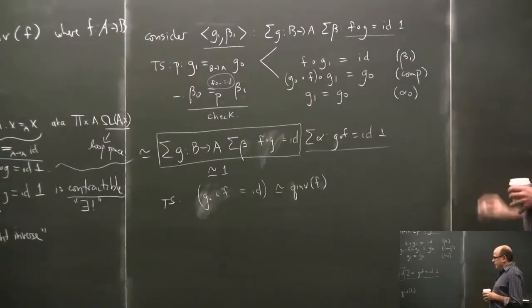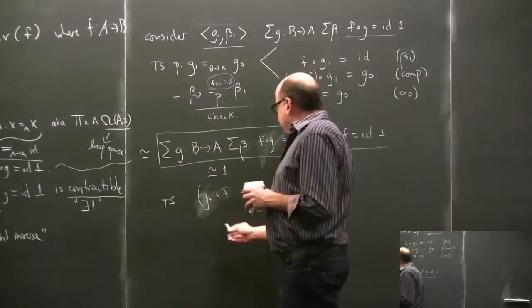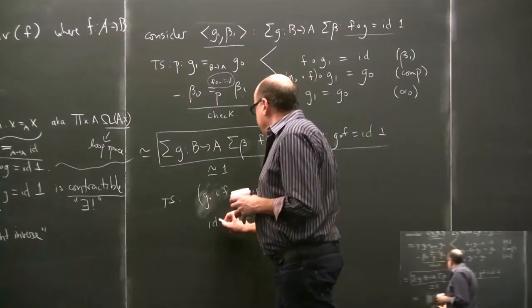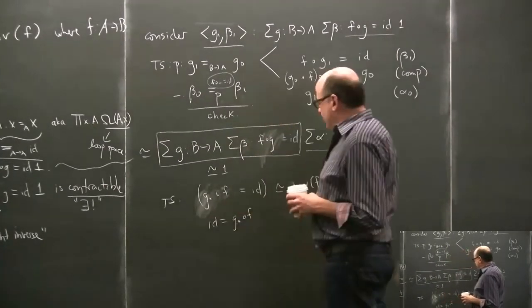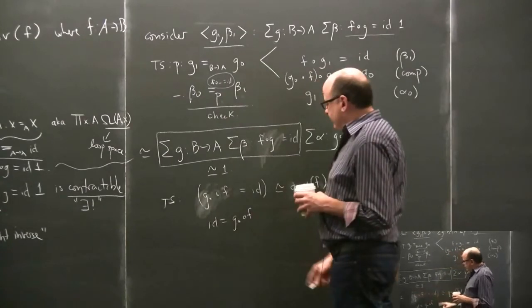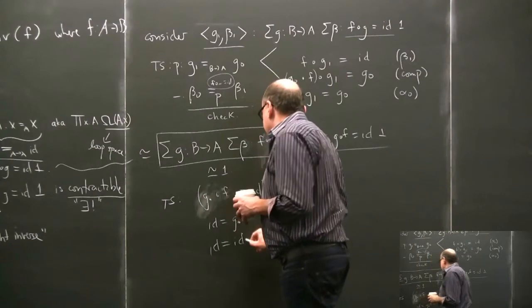So we can look at it like that. And now, if you take this and symmetrize it, you'll see that this is ID equals G naught composed with F. And then if I do transitivity, I get that ID is equal to ID.